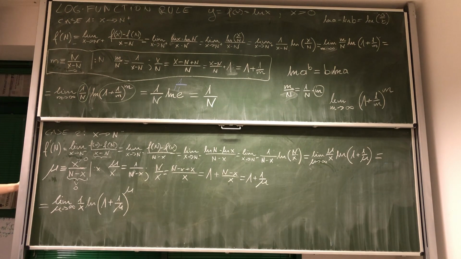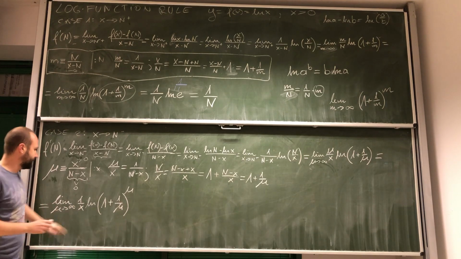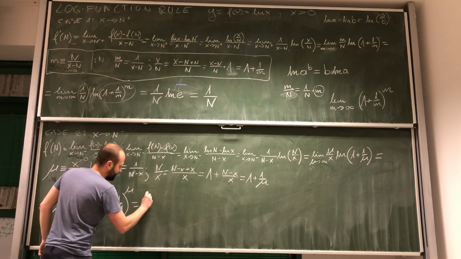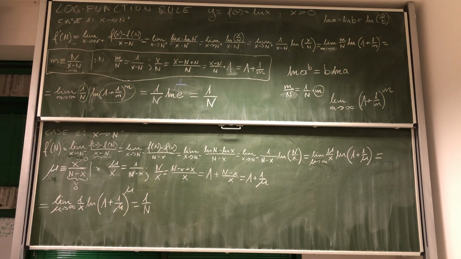I'm sorry. Now, what is going to happen? Look, as x approaches n, 1 over x turns into 1 over n.